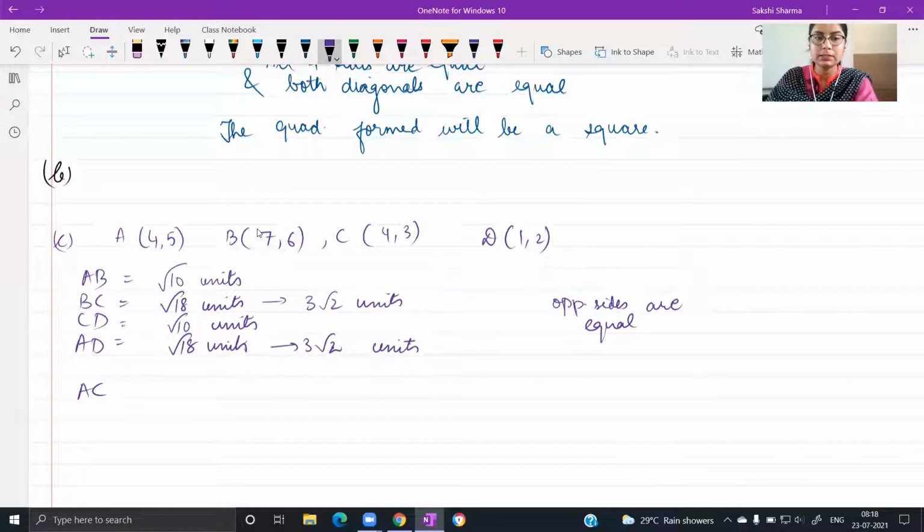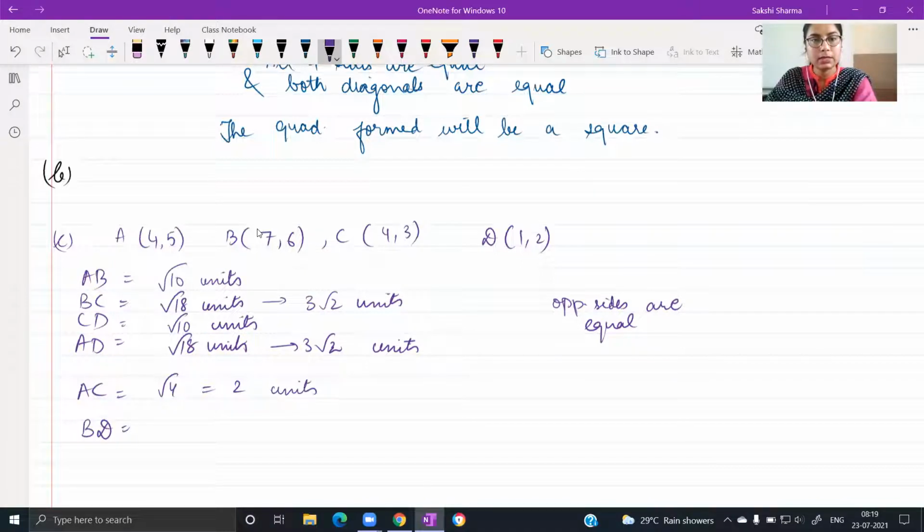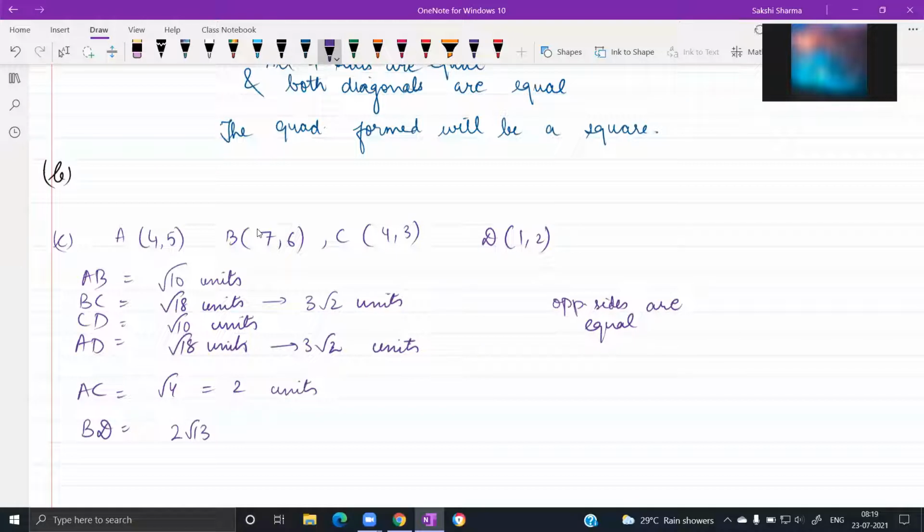Let's look at the diagonals. AC. It is root 4, which equals 2 units. Then BD, 2 under root 13. 6 square, 4 square.